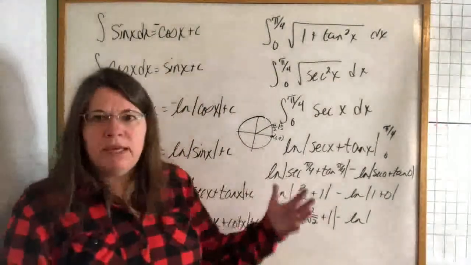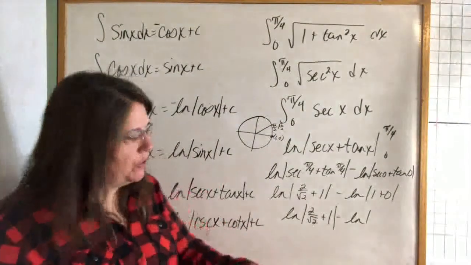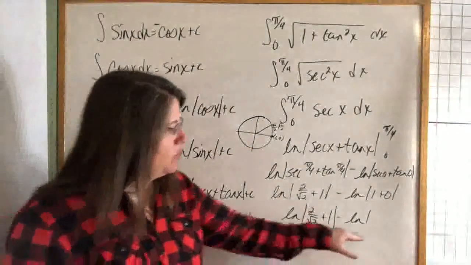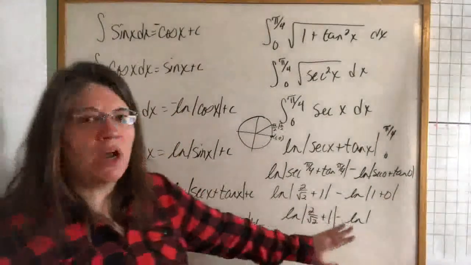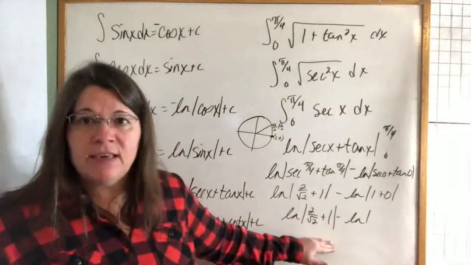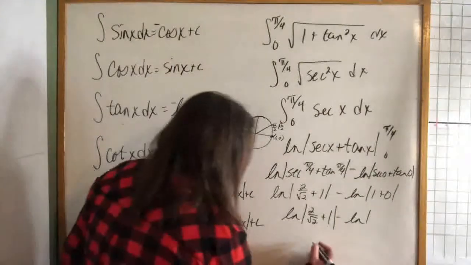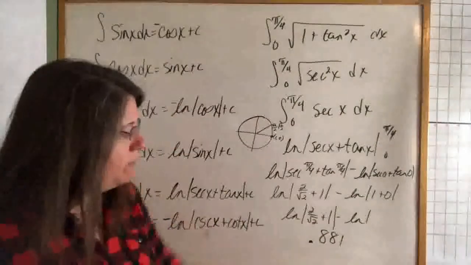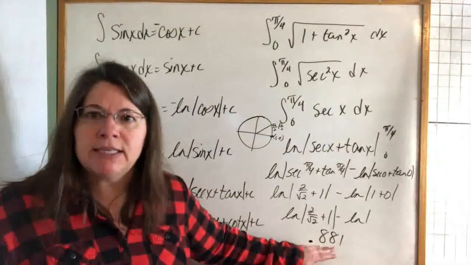And sometimes in AP Calculus, depending on what you're asked to do, they'll want this as a decimal to 3 decimal places. Sometimes they'll want you to leave it like this. Certainly if it was non-calculator based, I would leave it like this. If it was not, I would consider making it the decimal 0.881. And if you put that in your calculator, you can see that that's what that is.